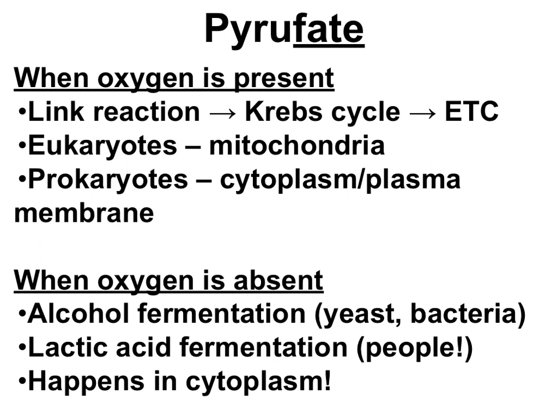In organisms that can't do aerobic cellular respiration or when oxygen isn't abundant, then anaerobic respiration kicks in. Some organisms do alcohol fermentation as their anaerobic respiration, and others do lactic acid fermentation. Both types of anaerobic respiration happen in the cytoplasm.